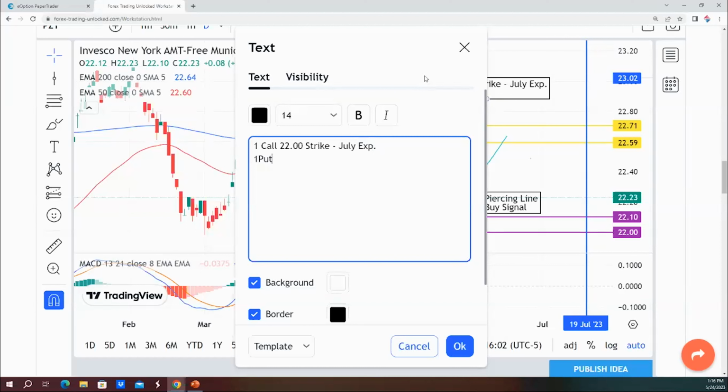And for the put, it's also a 22 even strike price and a July expiration.